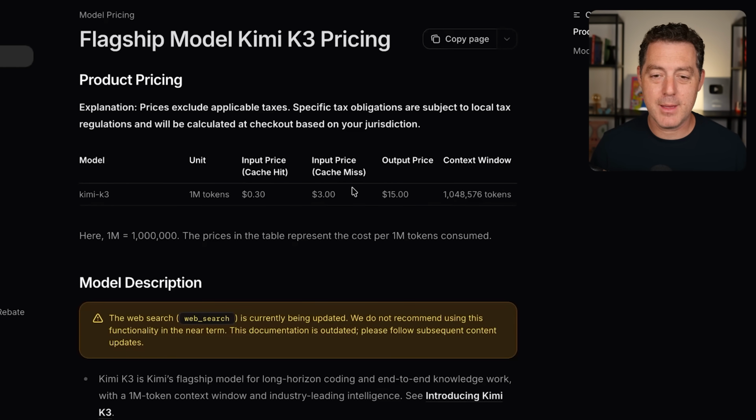And that came in at $3 per million input tokens and $15 per million output tokens, about half the price of GPT 5.6 Sol. So you might be thinking to yourself, if they're scoring the same on different benchmarks, then you're essentially paying half the price for the same level of intelligence. But it's not that simple.